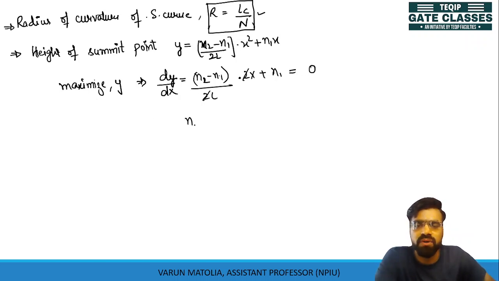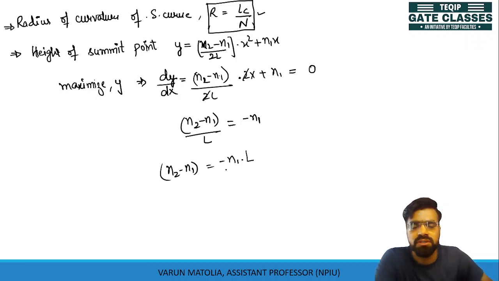So this will be (n2 minus n1) by l times x equals minus n1, that is x equals minus n1 l upon (n2 minus n1).